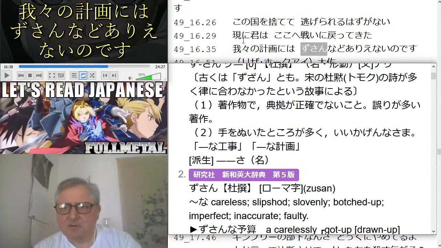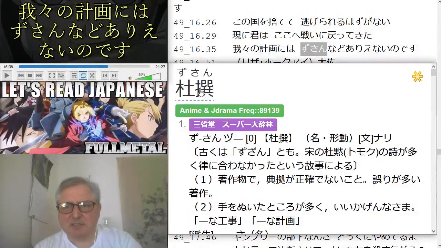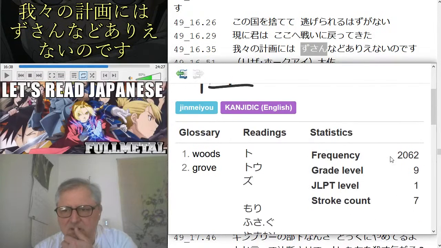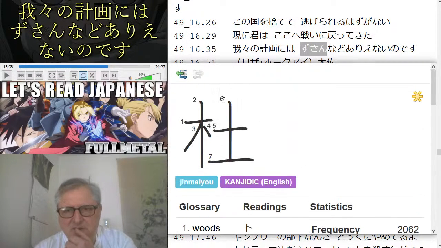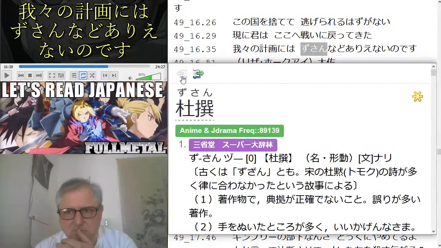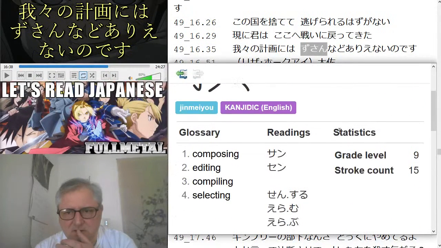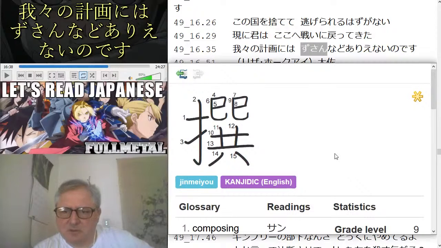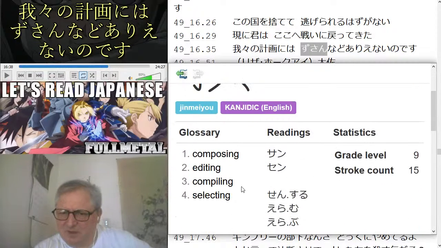Zuusan. Make a blunder. Careless. Yeah. So, actually, let me look at that kanji as well. Let's see. Tree and dirt. That one. You would think it's something as simple as that, but okay, woods and groves. But okay. Yeah, it makes sense. I've forgotten about it, but it's not that common either. Okay. Cool. Okay, and then this one right here. Oh. Wait. Really? Huh.